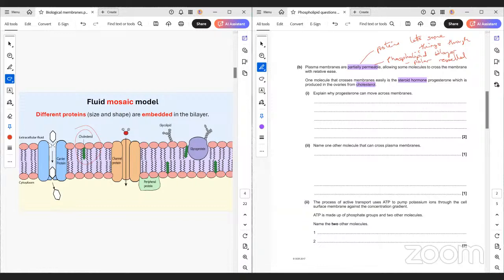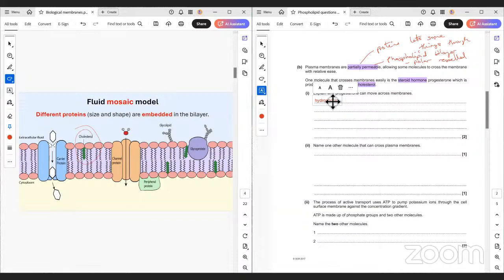So the fact that this steroid hormone, progesterone, is made from cholesterol means it would be non-polar too. The first thing I would want to say is that progesterone, if it can cross the membrane, has to be hydrophobic.